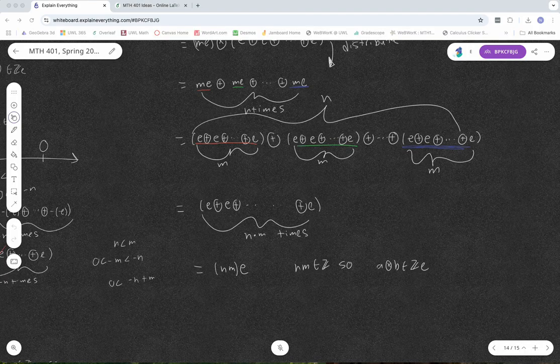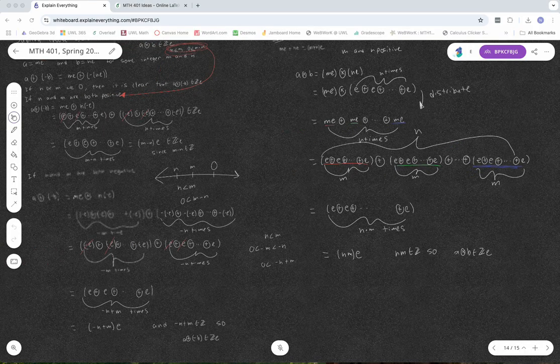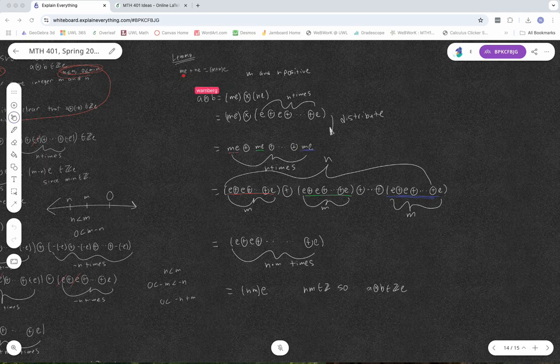All right, so that's right. And then there are more cases when M and N are negative, and when one's negative and one's positive. But it's the same idea where we just unpack all these definitions and then we count how many things we have left.